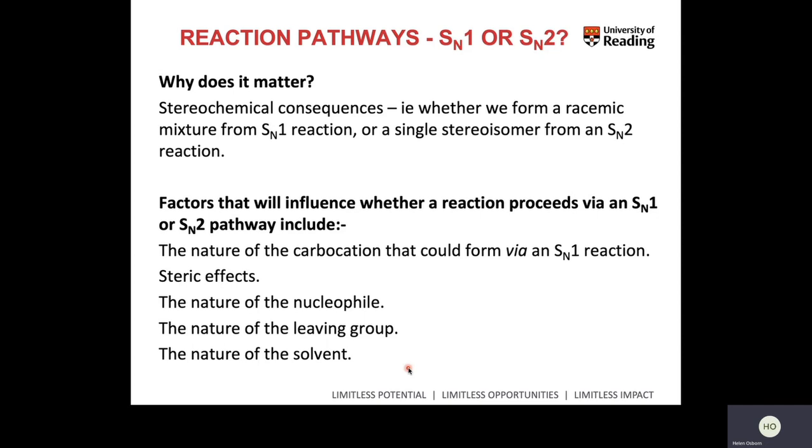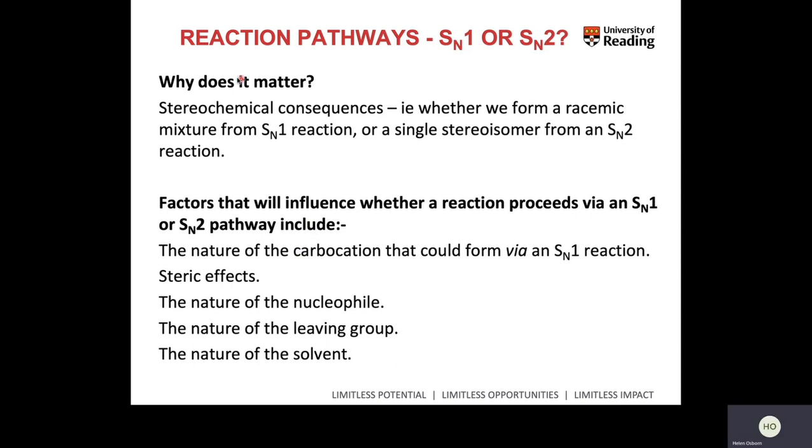If instead it was much more of a discovery program and we didn't know which isomer we wanted, and so we were happy to have a racemic mixture and then try and separate out the enantiomers and look at them separately, then in those cases we could use the SN1 reaction. So dependent on the needs of the drug that we're making or researching, we would be able to pick the SN1 or the SN2 reaction.